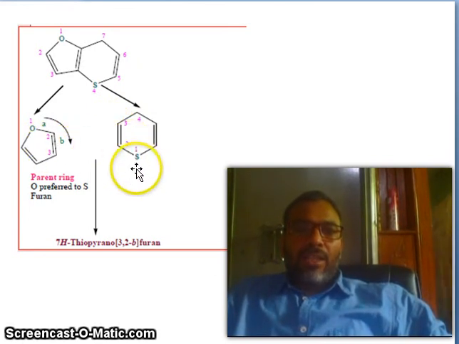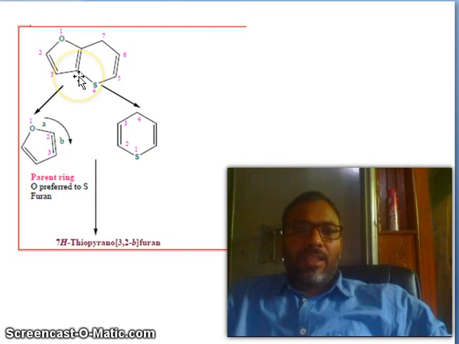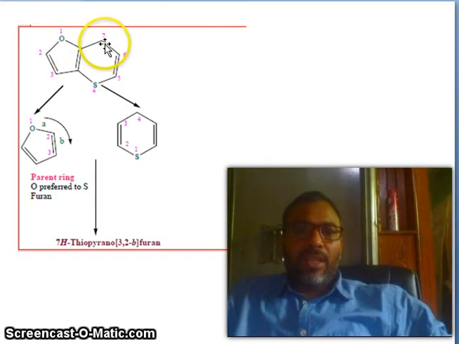Now you see the attachment, two positions are common, 2 and 3. It is 2 and this one is 3 with the bond, this b bond, and 3 and 2 is the common, so 7H, here 2 hydrogens, 7H. What is the name of the 7-member ring?